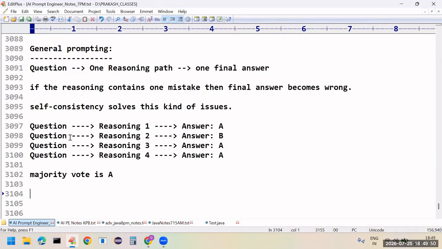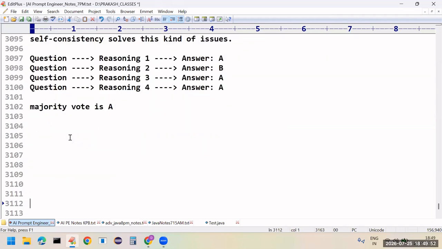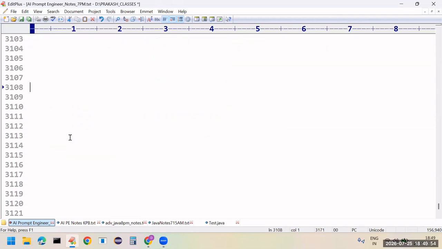Yes, sir. Now, let me write two paragraphs related to the definition.